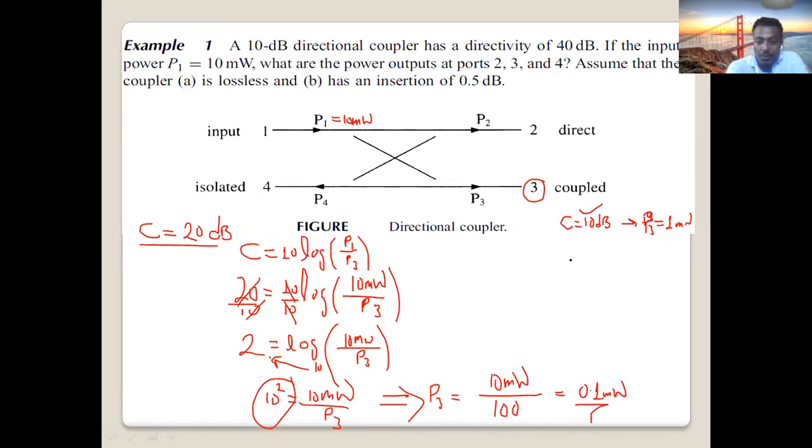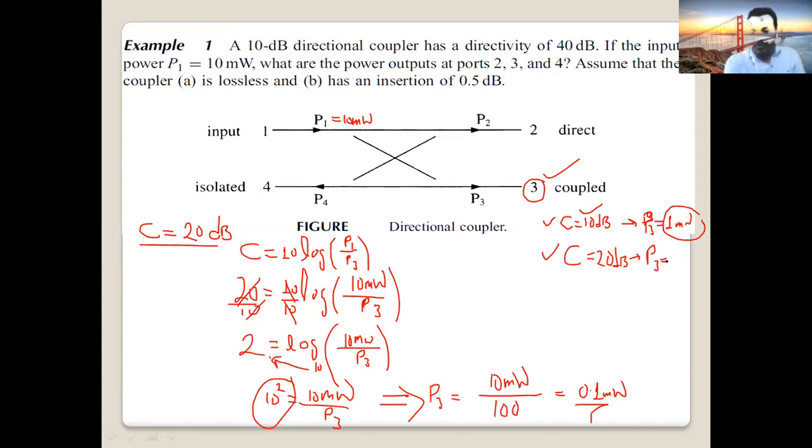Look here. When C is 10 dB, how much power sampled? How much power goes to port 3? 1 milliwatt. When you use a coupler with C 20 dB, how much power does this coupler sample?